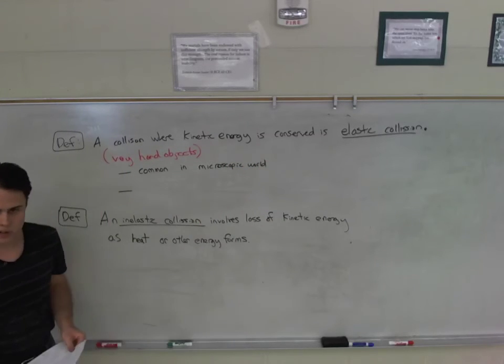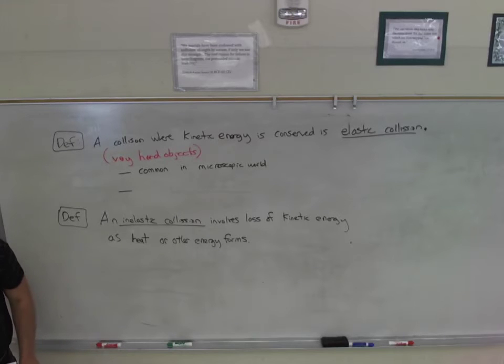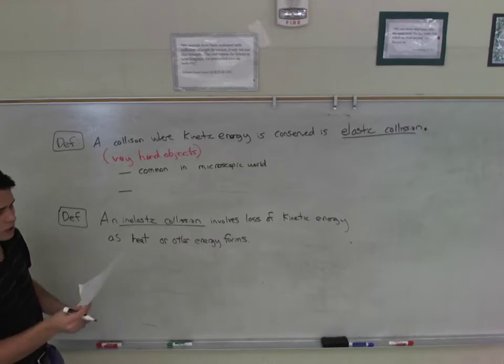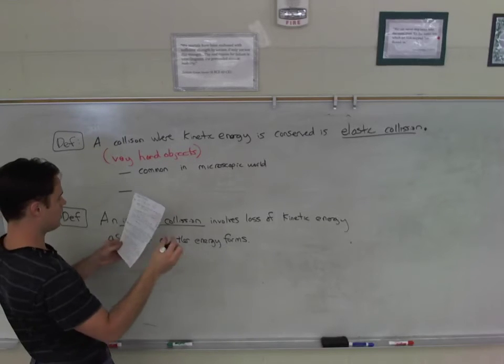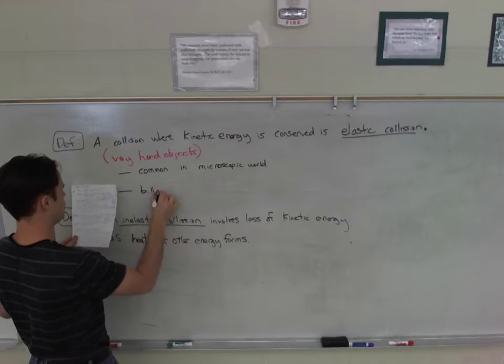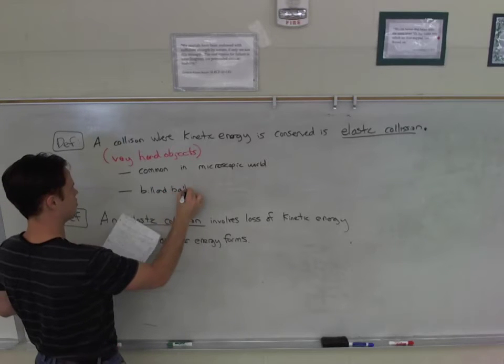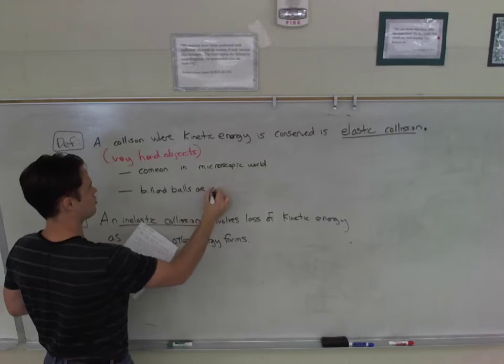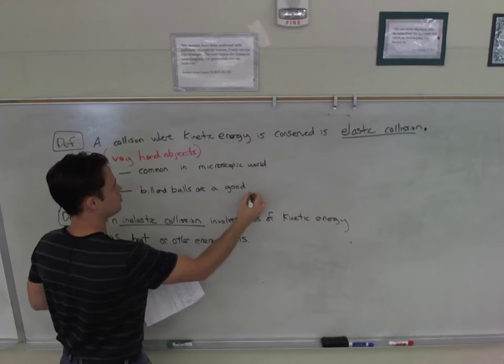Later this year when we talk about electrons and protons and atoms interacting, if they have any kind of collision, you're going to consider it pretty much elastic. They pretty much bounce off each other perfectly. And like I said, billiard balls are a good approximation.